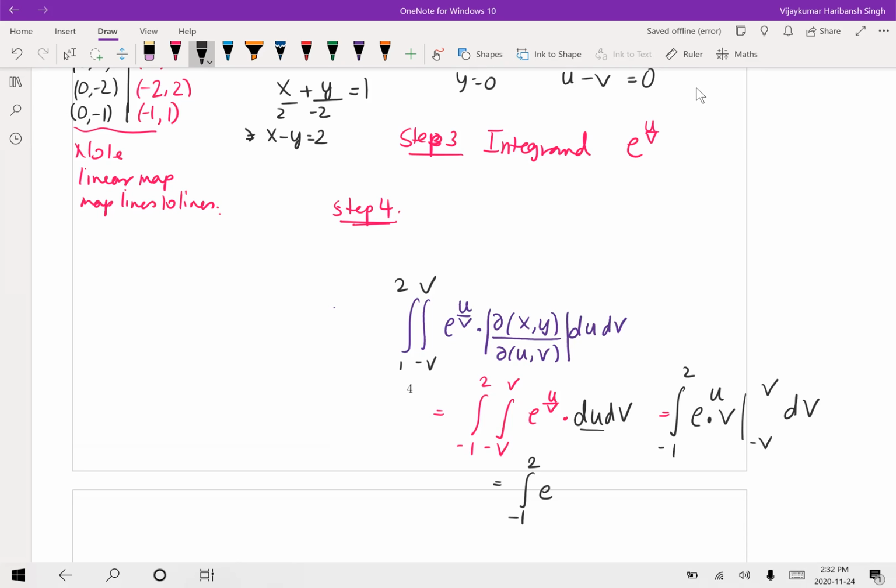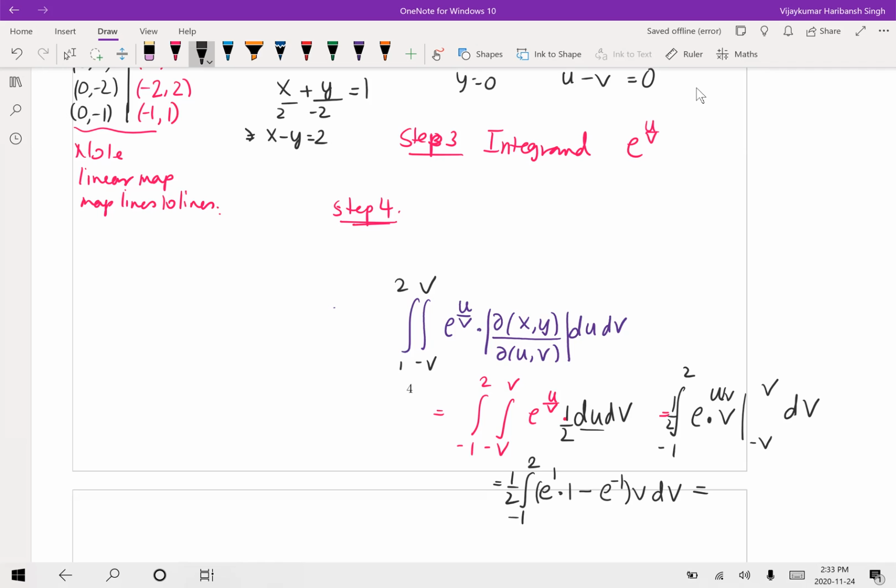When you put v there, you get e to the power v by v, which is 1, times 1 minus e to the power minus 1, v dv. And then, of course, let's not forget this was half, so times half times half.